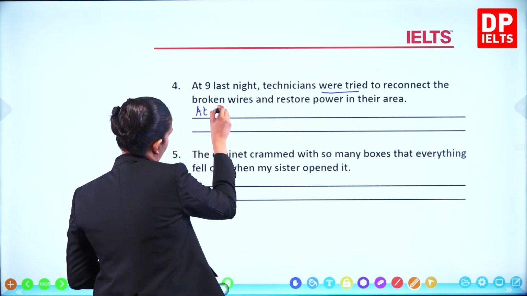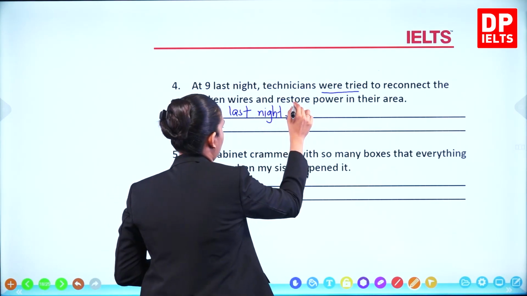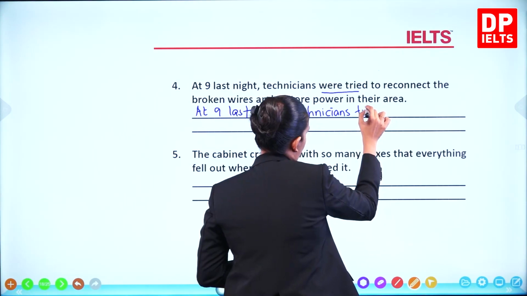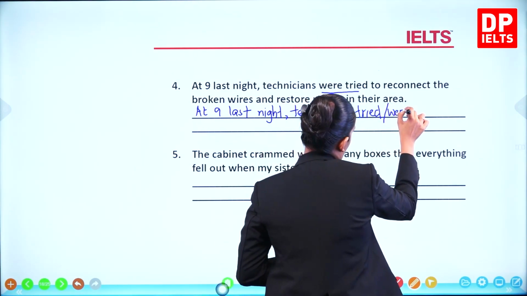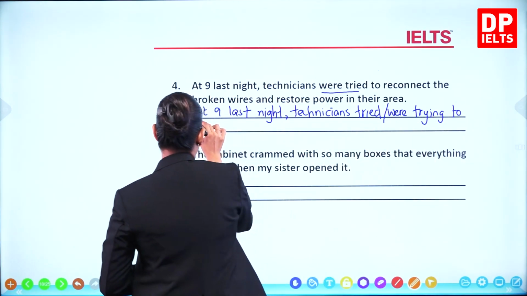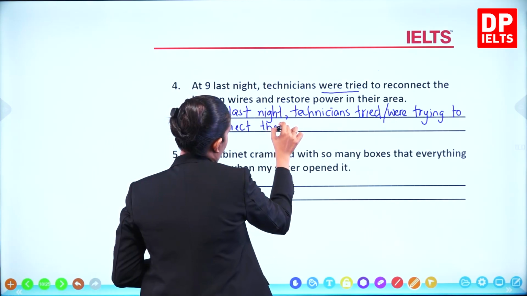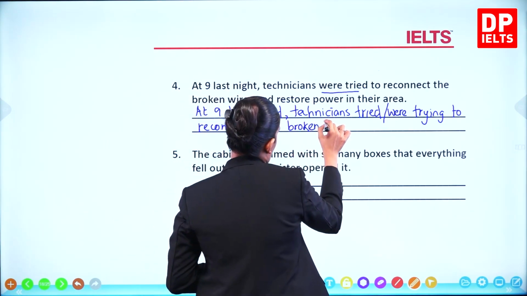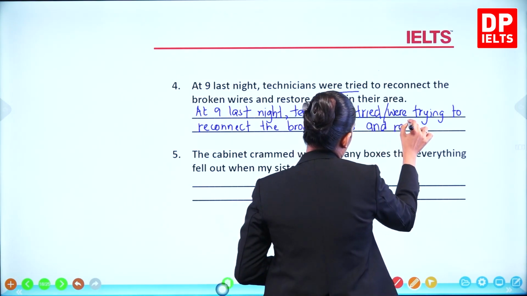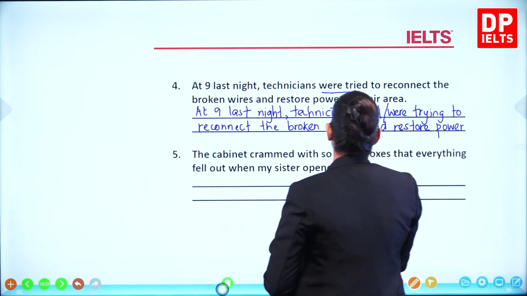At 9 last night, technicians, either you can say tried or they were trying to reconnect the broken wires and restore power in their area.